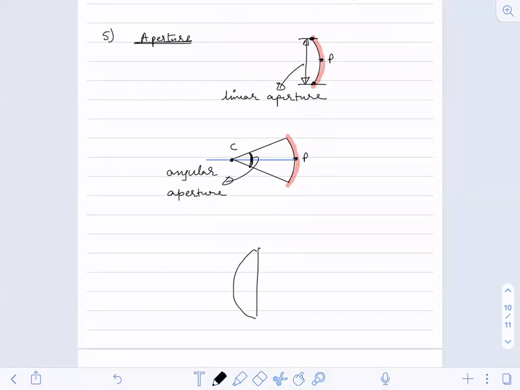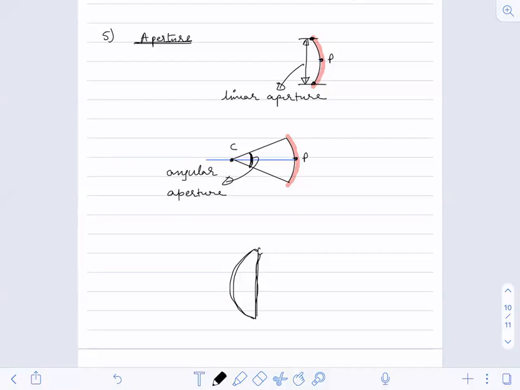This is called a convexo-plano mirror. These things you will study in class 12th. There are two surfaces from where it can reflect. Actually, this is not a mirror kind of thing.